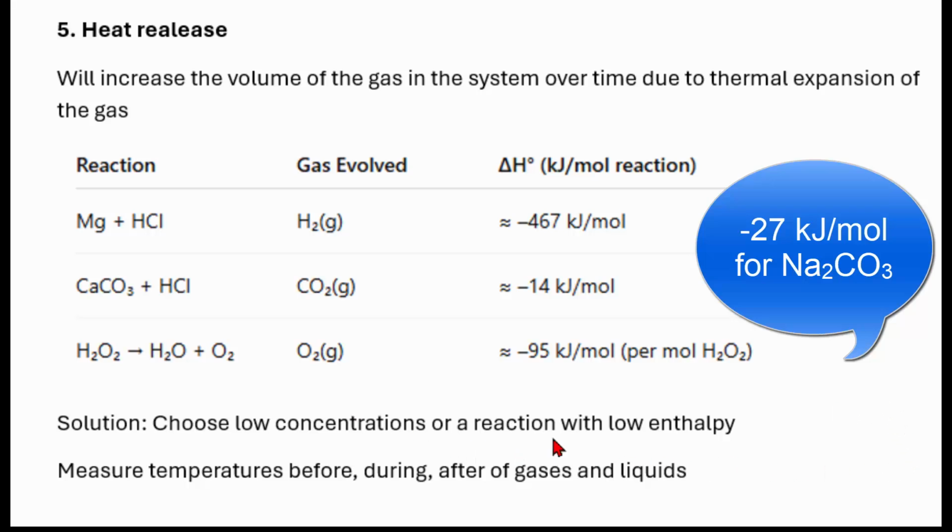Another thing you can do to solve it is to use lower concentrations. I've gone for, they're not super high concentrations, but I've also gone for one that releases very little heat. You can also measure the temperatures of the gas and the liquids to control that and to work out how much of an effect that actually has.